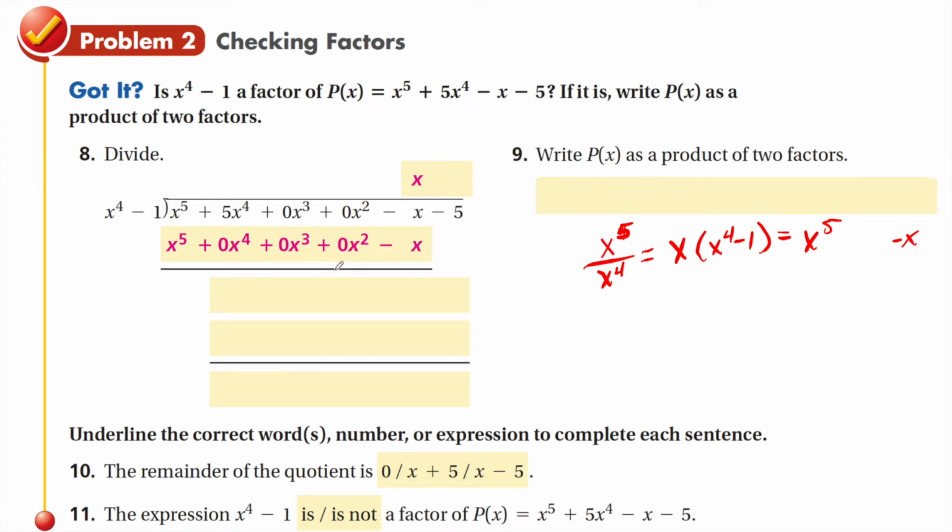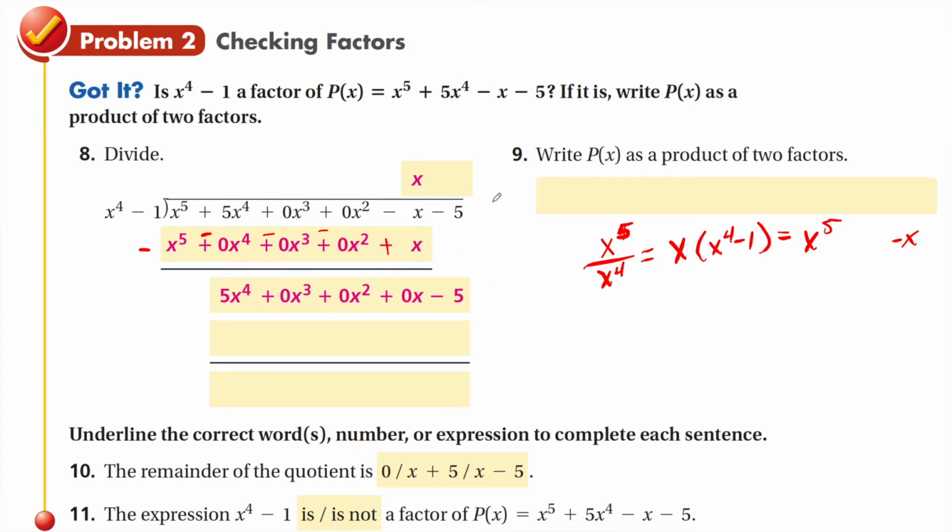And doing that, we can then simply subtract everything down, meaning that we are going to change all of these signs. So it gives you a negative x to the fifth, a negative 0, a negative 0, a negative 0, but a positive x, giving you technically everything is going to be turning to 0 except for that 5x to the fourth, which is going to stay as 5x to the fourth.